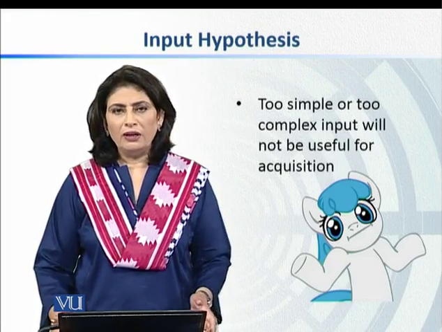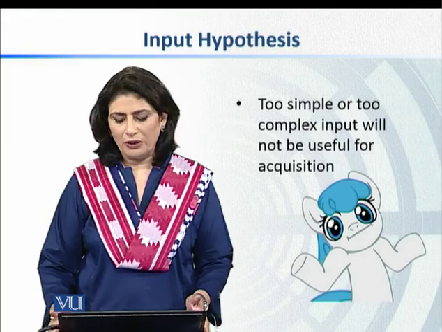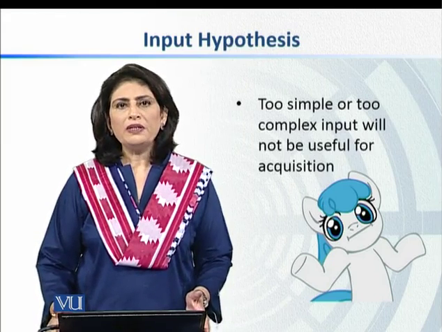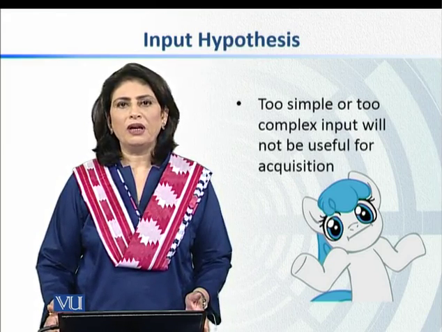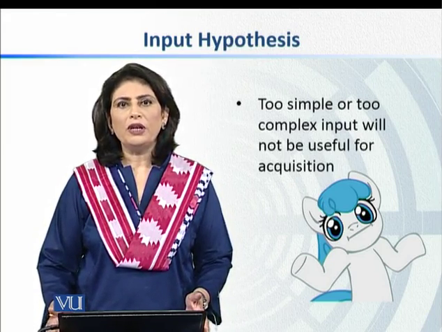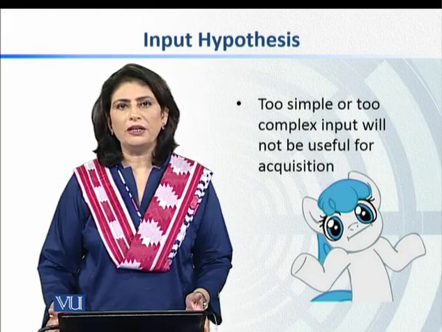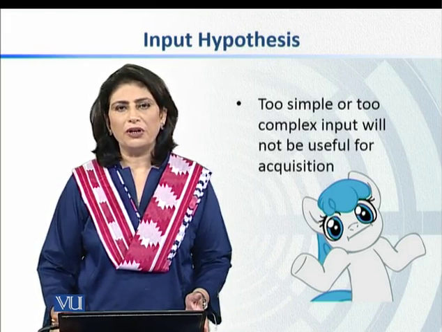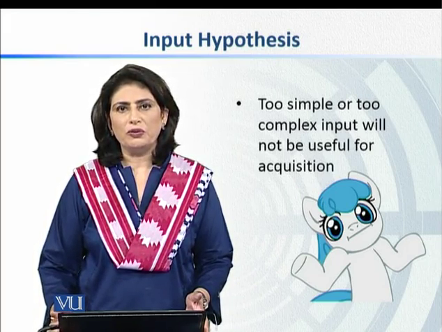So let's have an example to talk about this. We are saying that if a child has already covered or knows 2-letter words, then the child will be able to understand 3-letter words, or learn 3-letter words, if the child is given exposure to that.